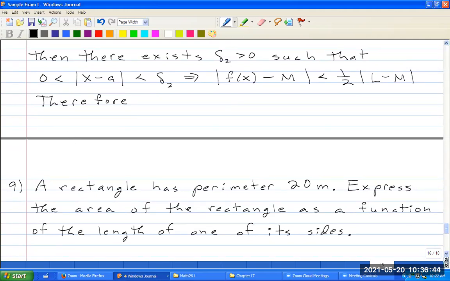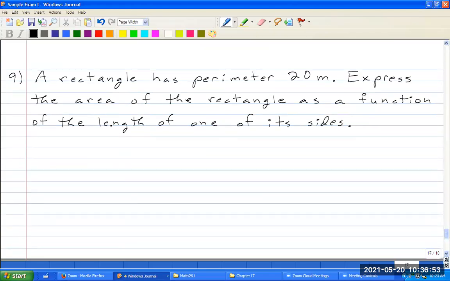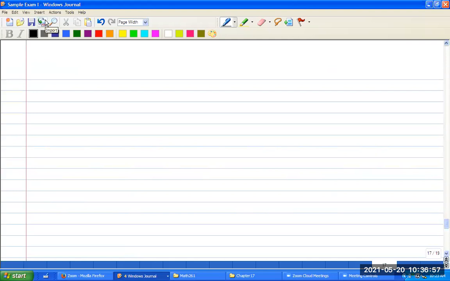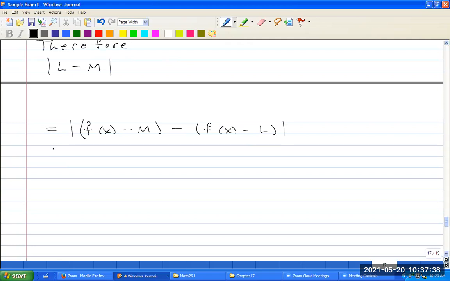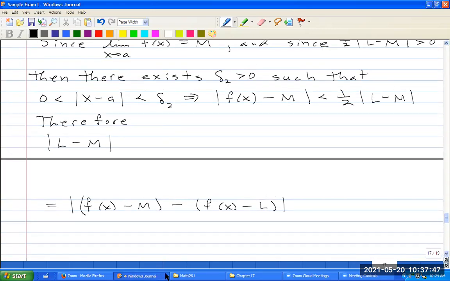L minus M is equal to, well, f of x minus M minus f of x minus L. The f of x cancels, then you have a minus M minus a minus L. So that's L minus M. Okay, so by the triangle inequality, this is less than or equal to f of x.